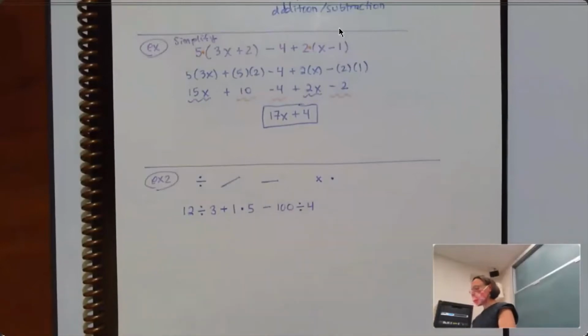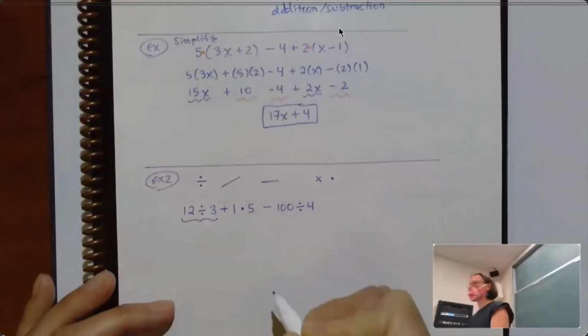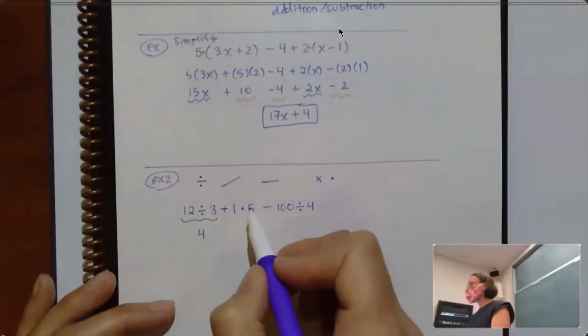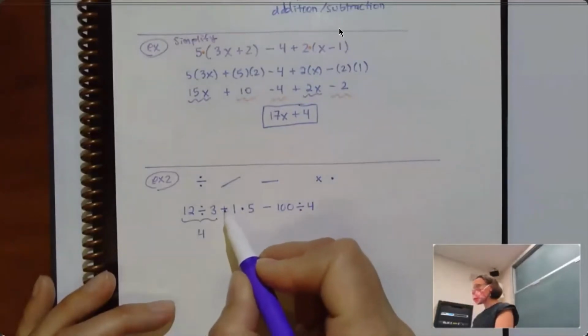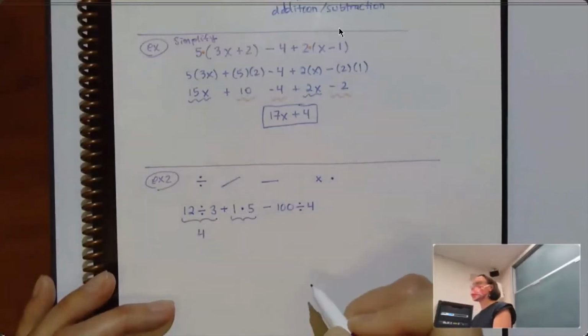I really think about this as sort of regrouping it. So I have division here, so I'm going to go ahead and deal with this. 12 divided by 3, I'm looking at 4. I move over here and we have addition and I have multiplication. So I have to deal with the multiplication first.